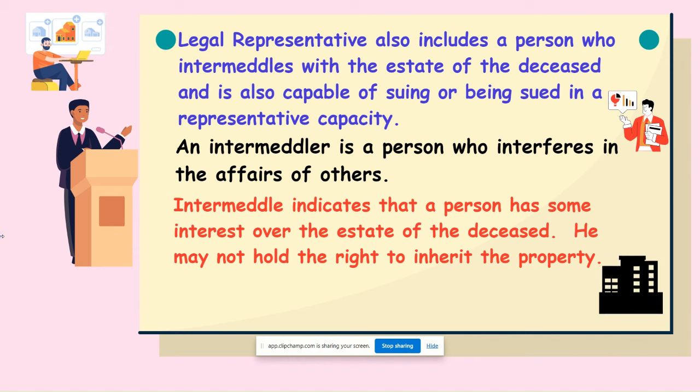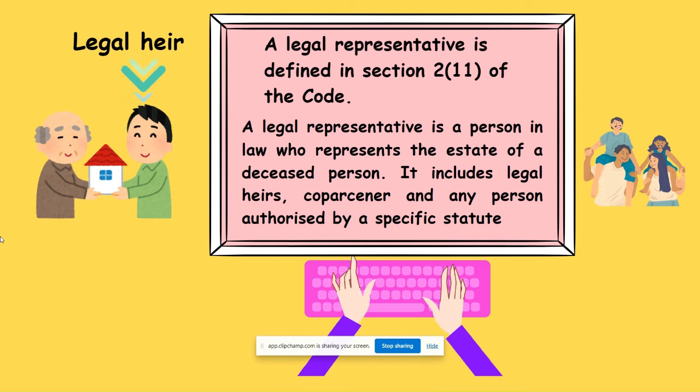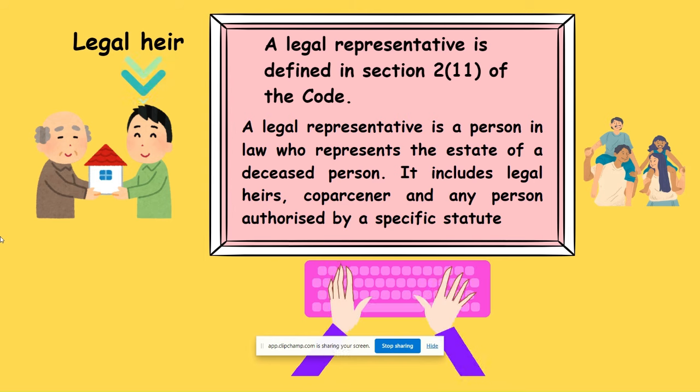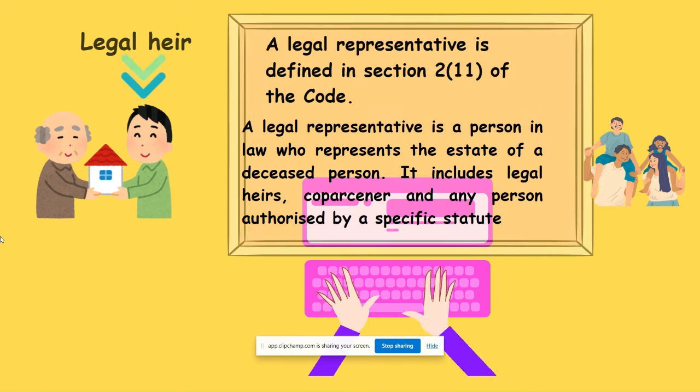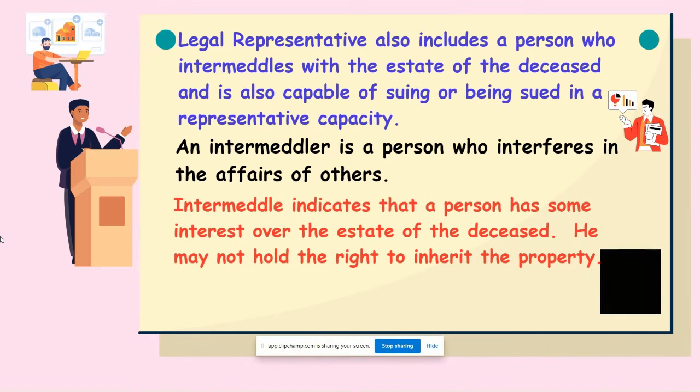So in legal representative there are other things as well. The legal heir will be there, the co-partner will be there, and he may be representing the estate of the deceased, but at the same time any other person who interferes with the possession, who may not be a legal heir, who may not have a legal right, but is interfering for the purpose of some interest in that property.